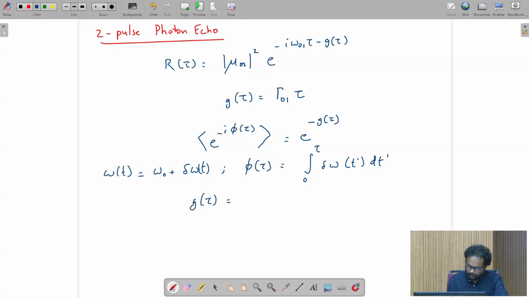can be shown to be the integral over t1, t2 of a correlation of these fluctuations between two different times, integrated over all time.